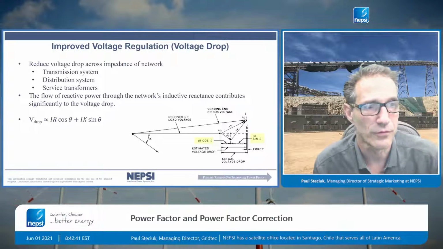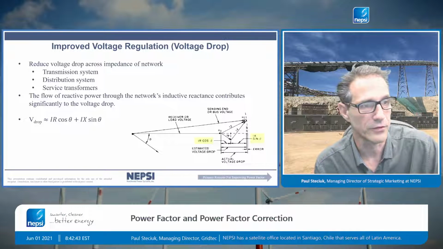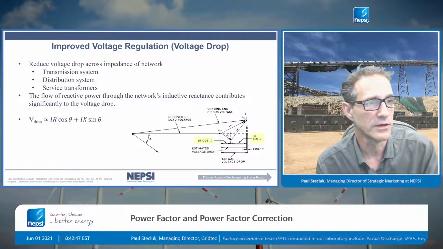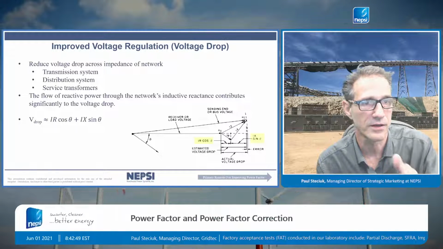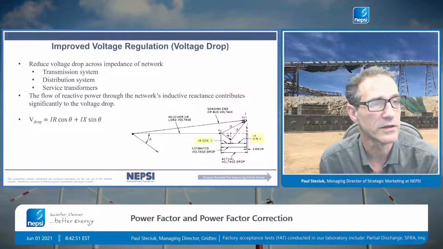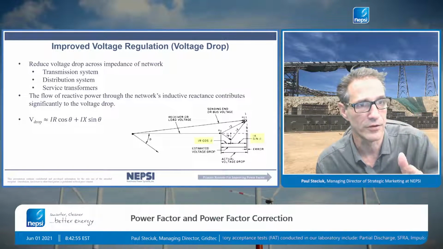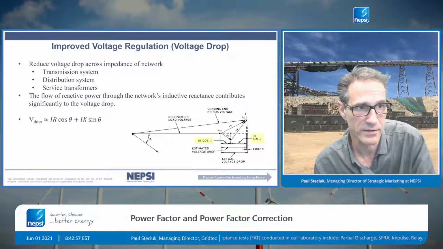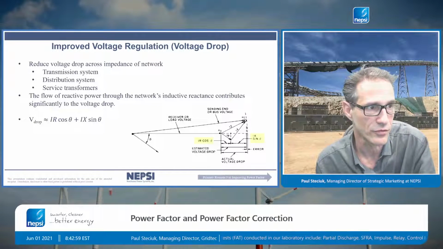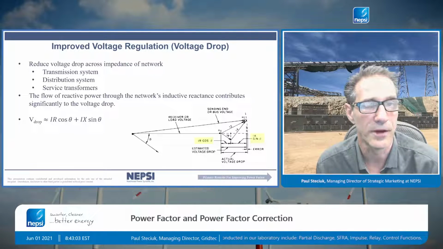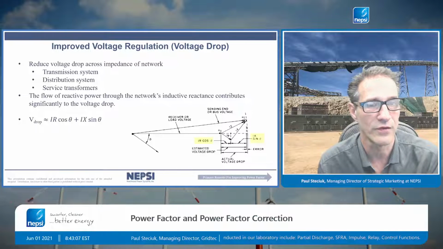And so when we talk about voltage regulation, we're talking about improving the voltage from no load to max load. And oftentimes tap changers are put in place to help maintain secondary voltage levels within the plant. As the plant comes up in power, the voltage drops because of I squared or IX, and IX typically through a transformer, because the X over R in a power transformer is typically about 20 to 25.